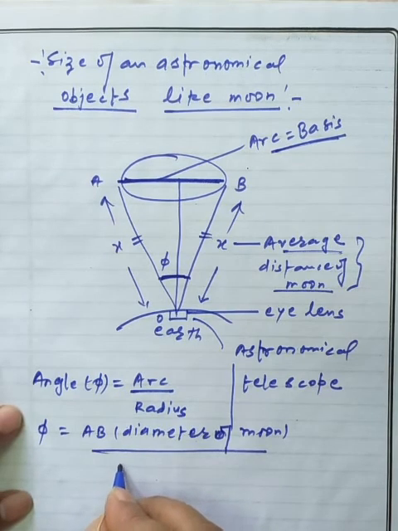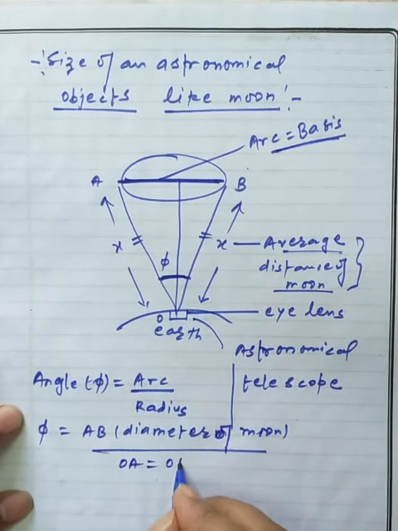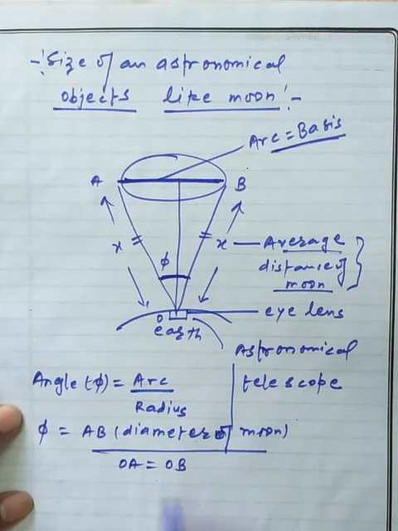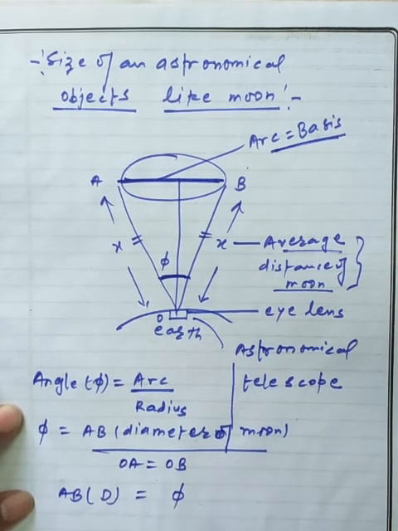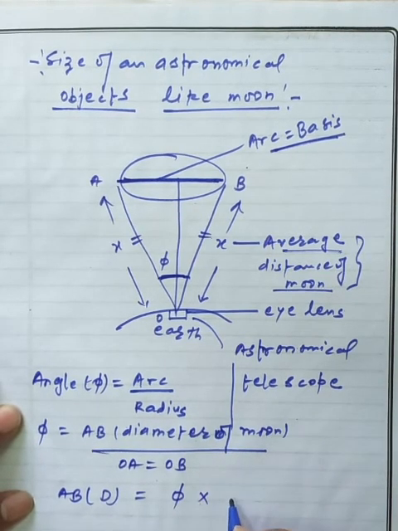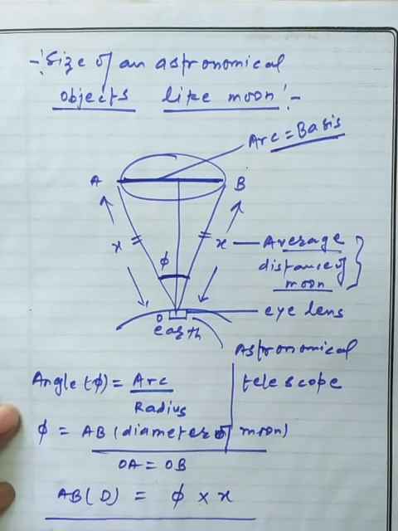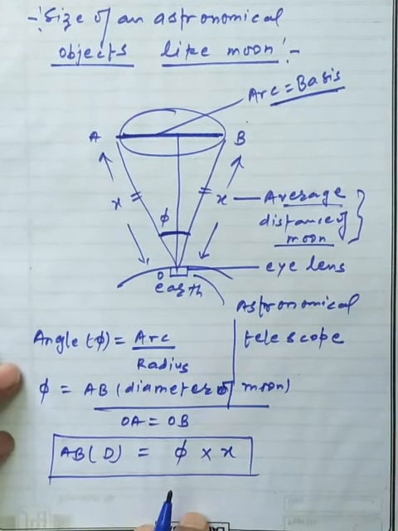What is the radius? That is OA, which is equal to OB. So easily we can work it out. Now AB, the diameter, is equal to the product of the parallax angle and OA, that is X.